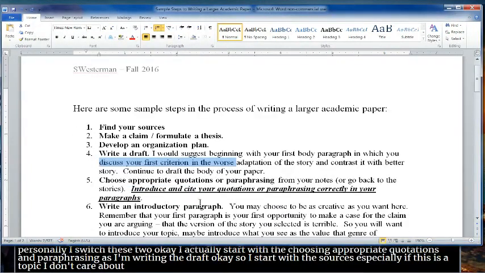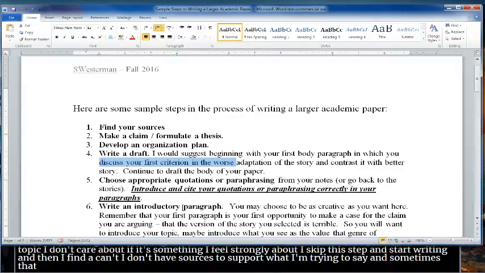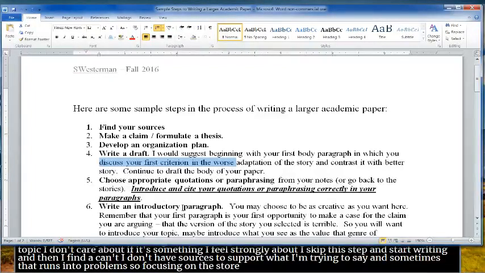If it's something I feel strongly about, I skip this step and start writing, and then I find I don't have sources to support what I'm trying to say. And sometimes that runs into problems. So focusing on the sources first is a good way to get going.